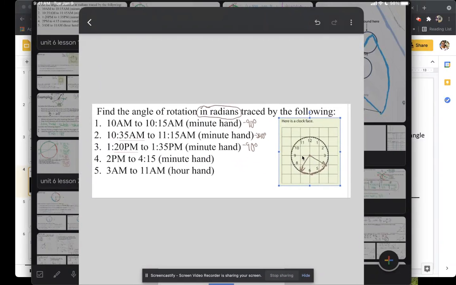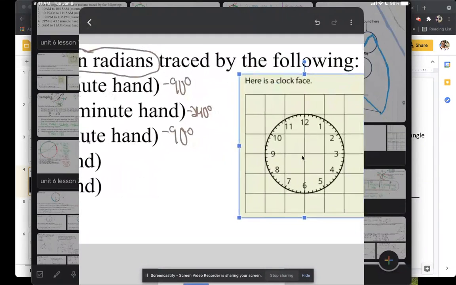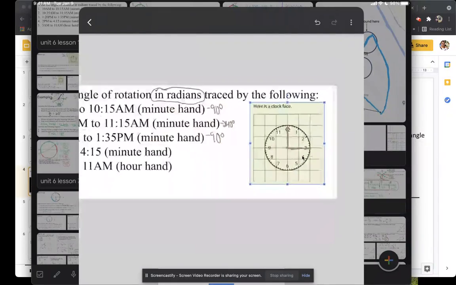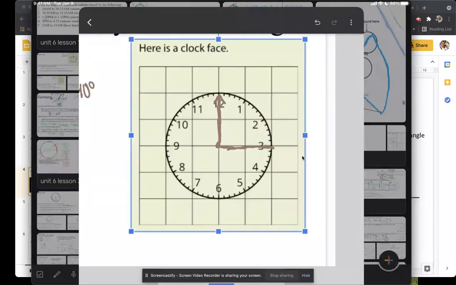So there's number 3. Number 4, we're going from 2 p.m. to 4:15 p.m., but we're doing the minute hand. At 2 p.m., the minute hand is at the 12, and at 4:15 p.m., the minute hand is going to be at 3.